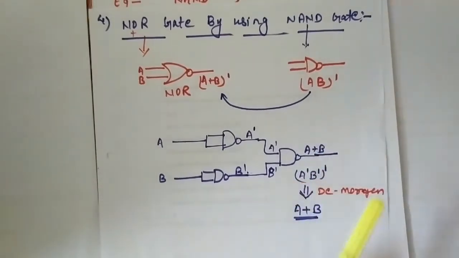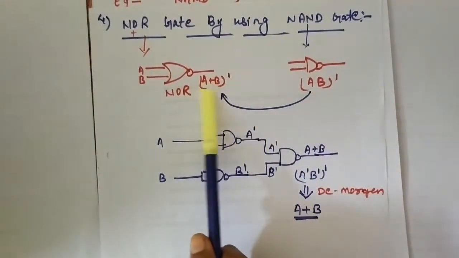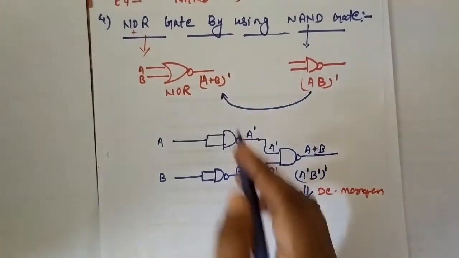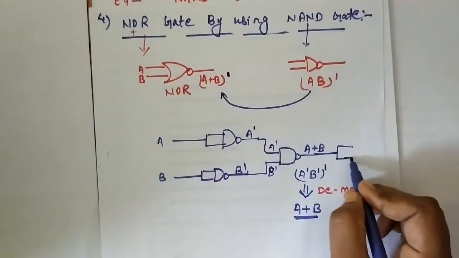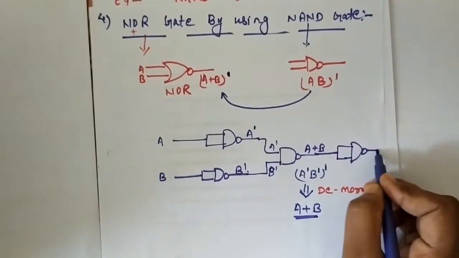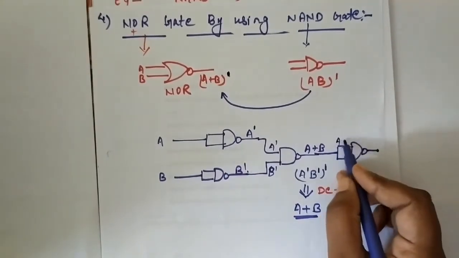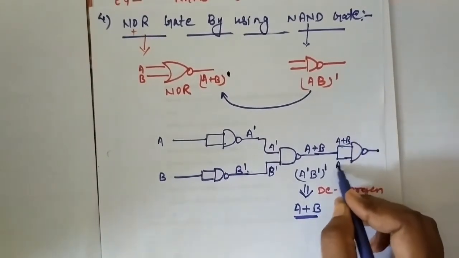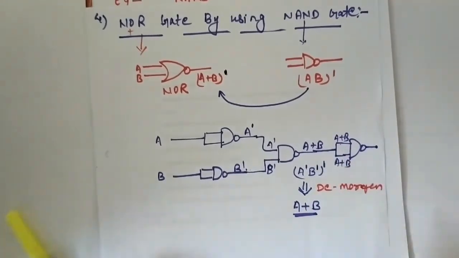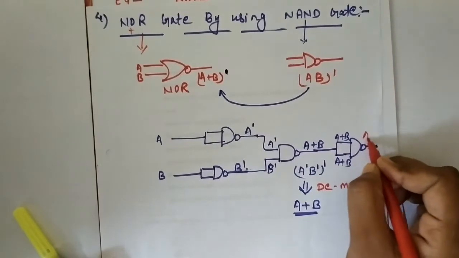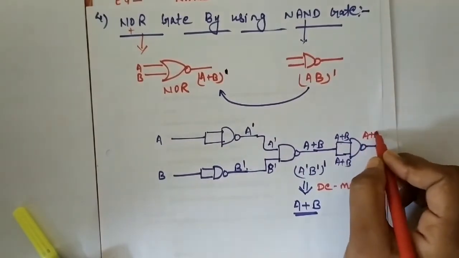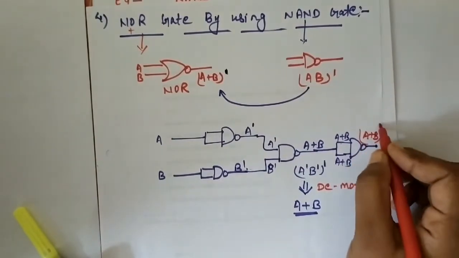After that, what we want is A plus B whole dash. For this dash we can use one more NAND gate. So here is A plus B, here also A plus B. So what is the final output? Final output means A plus B whole dash.